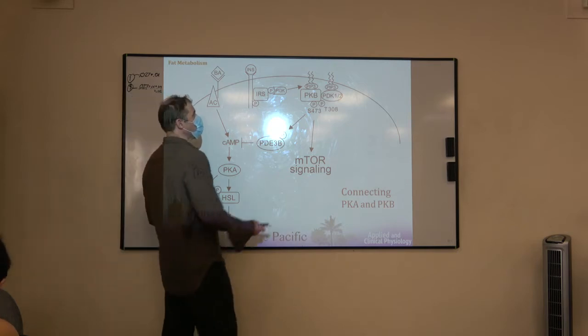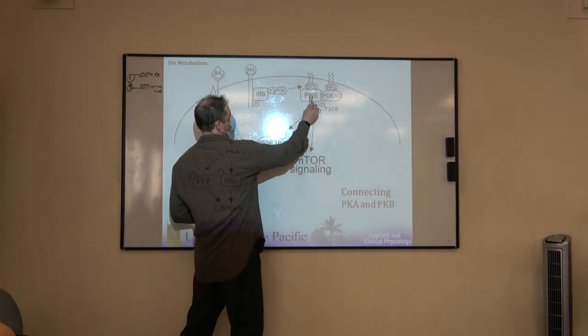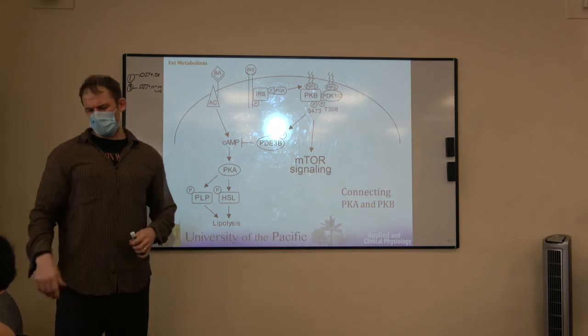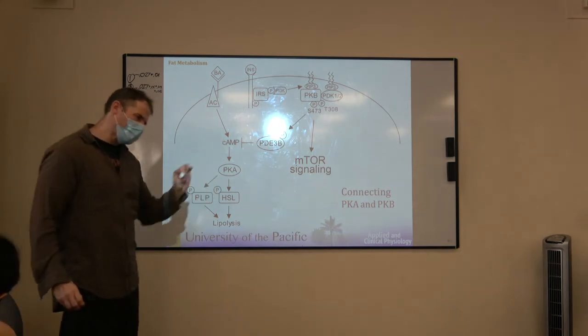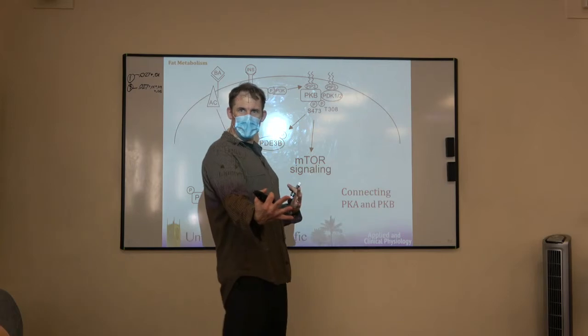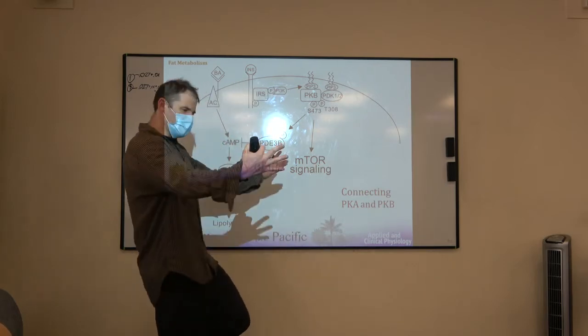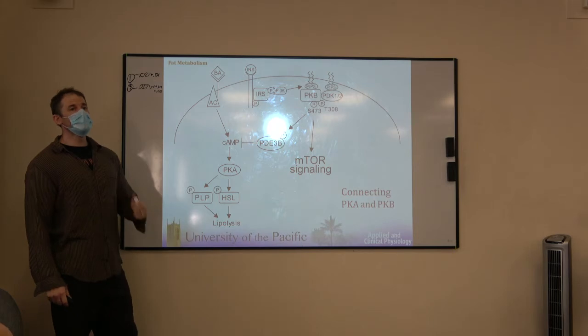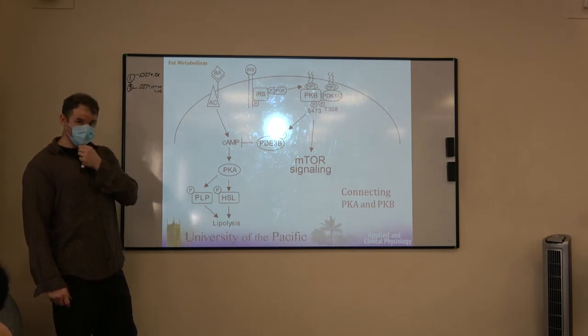And that allows PDK to activate PKB. PKB phosphorylates a lot of stuff, just like PKA phosphorylates tons of things, and those things are catabolic. Those things associate with mobilization of energy substrates. PKA gets energy substrates on the march. Let's burn stuff, that's PKA. PKB is let's get big and store stuff.